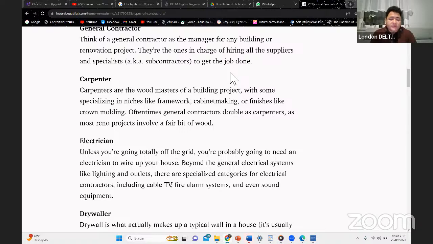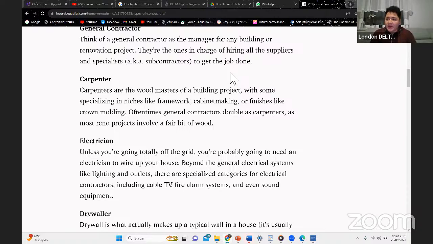Very well. So a carpenter in many countries also works with building projects. He's not only a carpenter. In Mexico, we usually think about the person that makes furniture, right? But in many countries, the carpenter can also build whole houses.